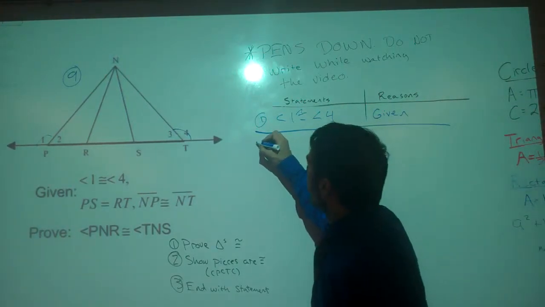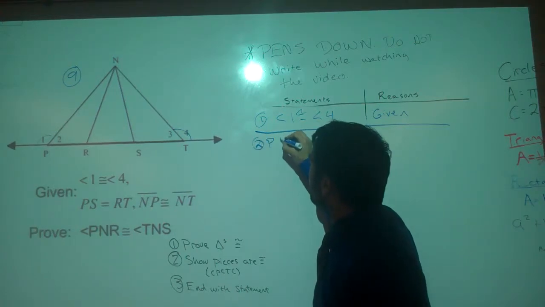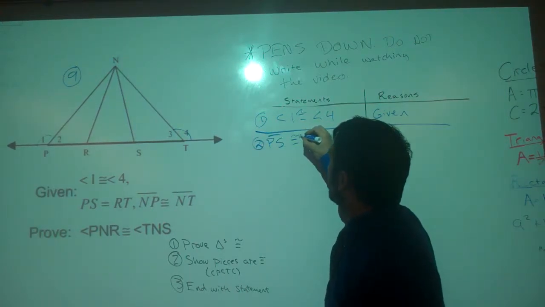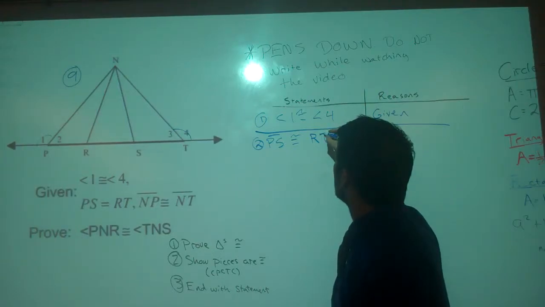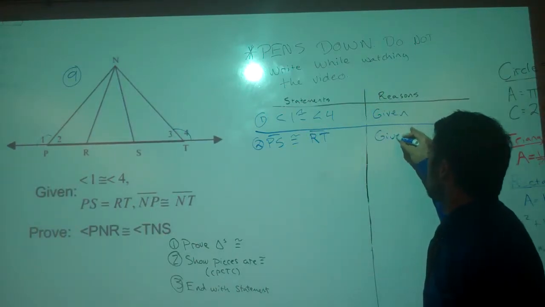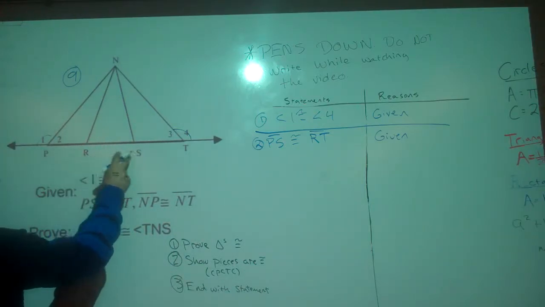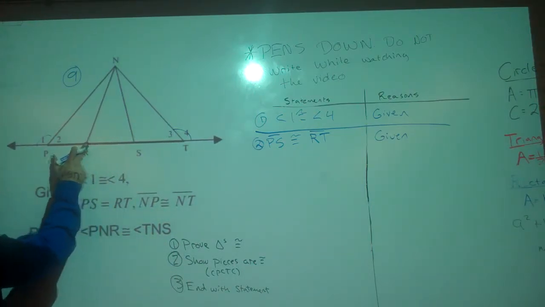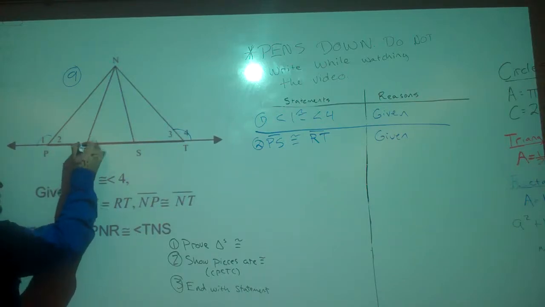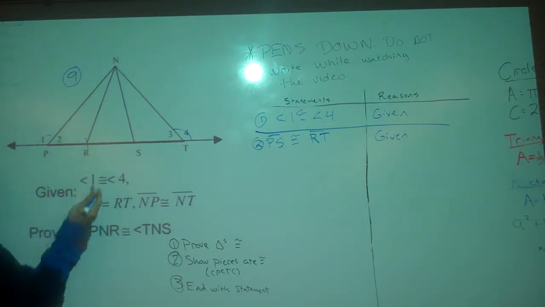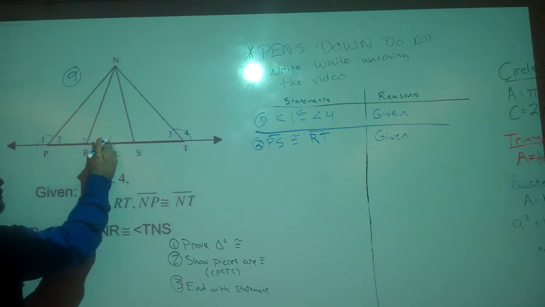The second given is that PS is congruent to RT. You'll notice that PS goes all the way from here to here, and RT goes all the way across. Many students will get confused and ask, should I mark this piece? Where do I put the congruent symbol?